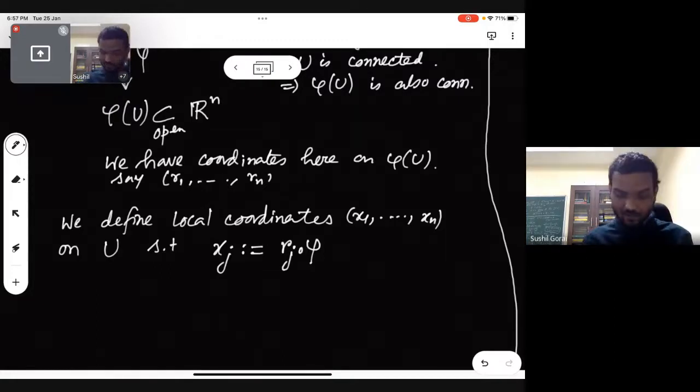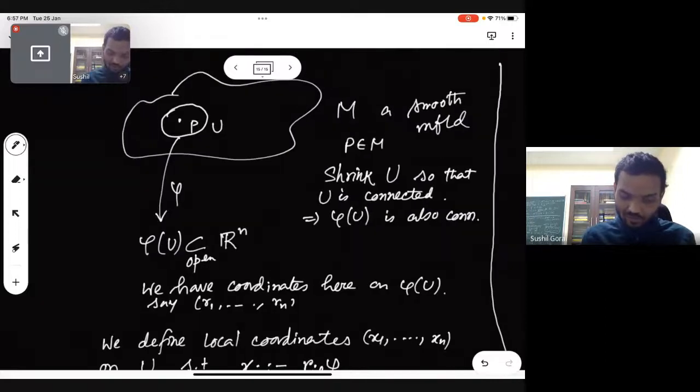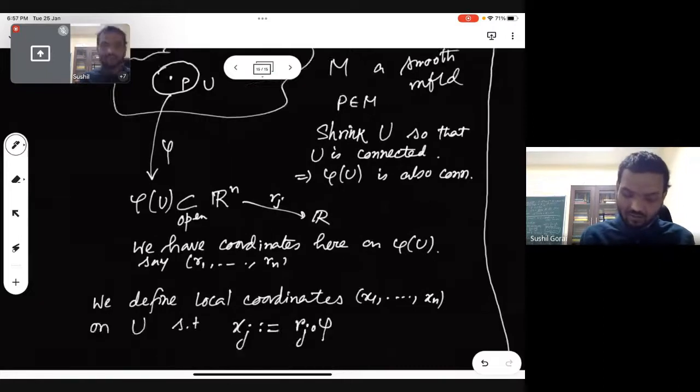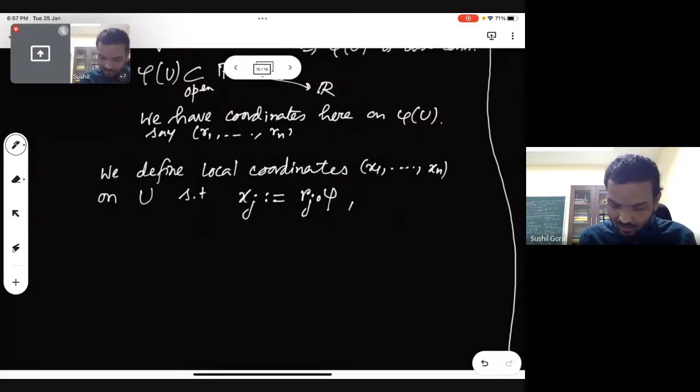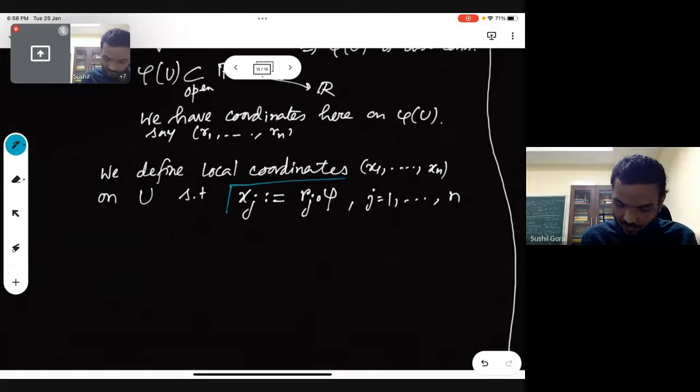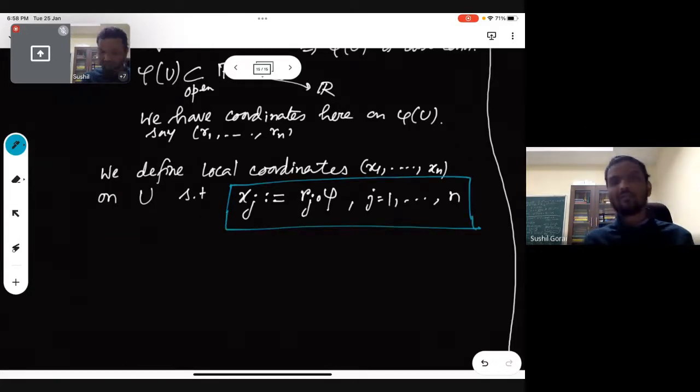Yeah. So phi is from U into Rn. You just look at rj, which maps to R. So this gives you a coordinate. So this xj, j from 1 to n, is our coordinate system. This is our coordinate system, right?